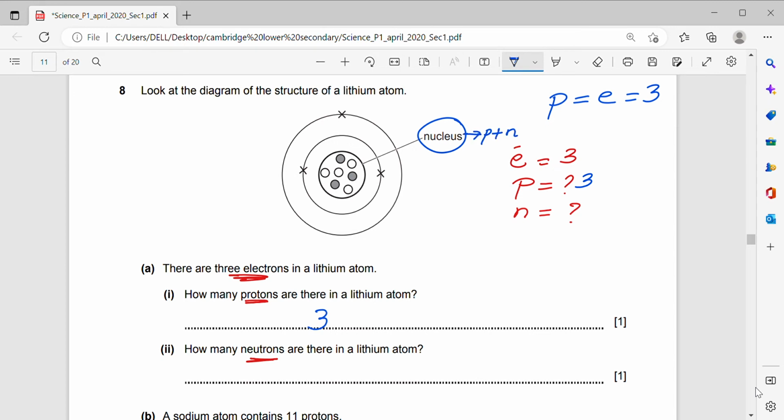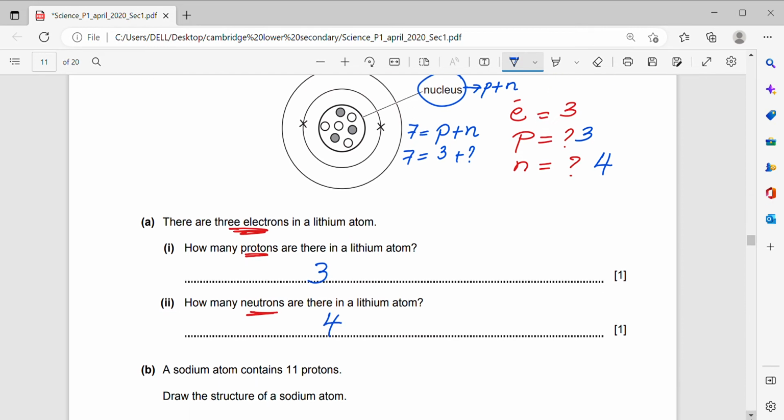How many parts are present inside the nucleus? 1, 2, 3, 4, 5, 6, 7. So 7 is equal to the protons plus the neutrons. We already know protons are 3, and the unknown here is the neutrons. So how many neutrons? 4. So the number of neutrons is equal to 4.